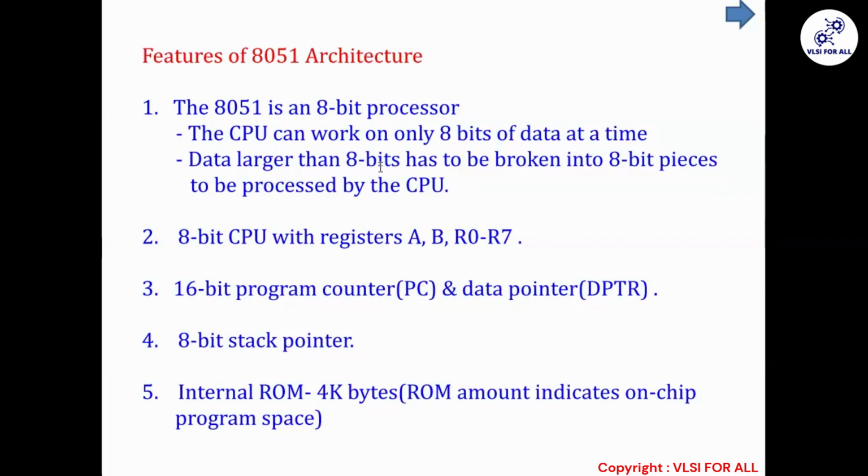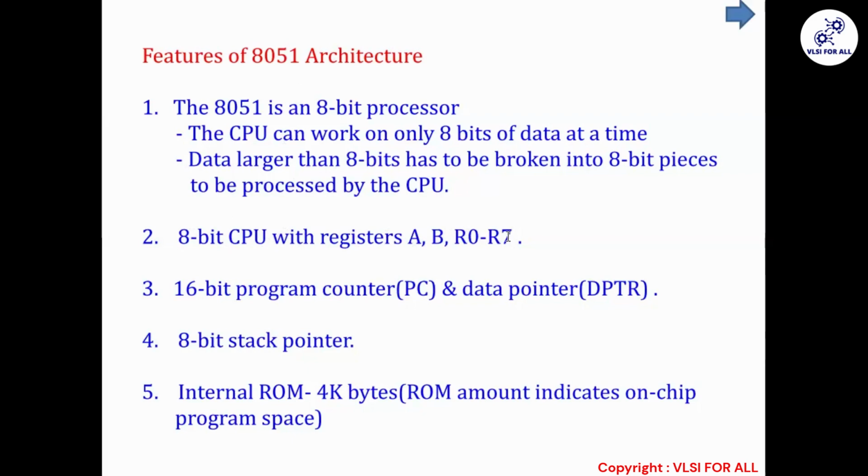Okay, so that way we have to work with the data. Your CPU is 8-bit. As we are saying, the microcontroller is 8-bit, working on 8-bit data. And with the CPU, there are some registers helping it. One is register A, then register B, and then registers R0 to R7.